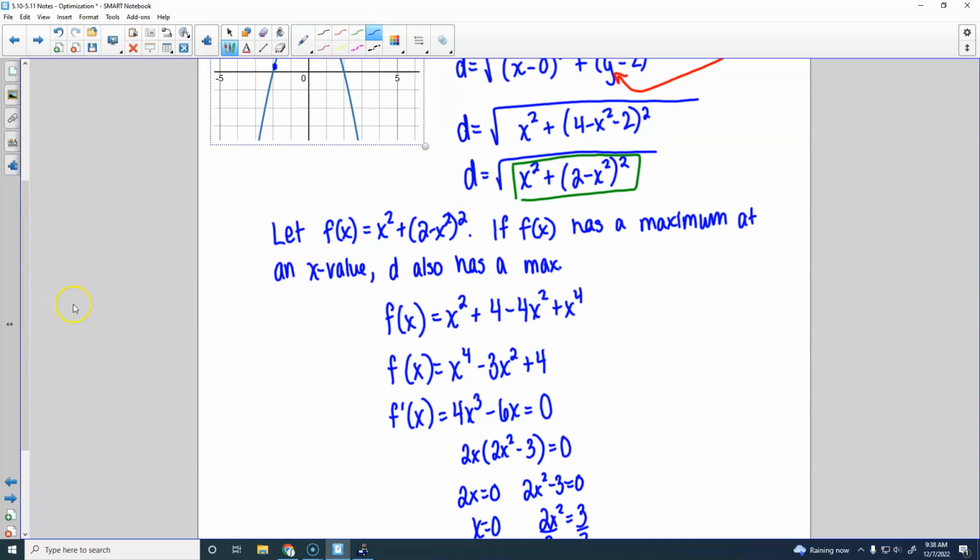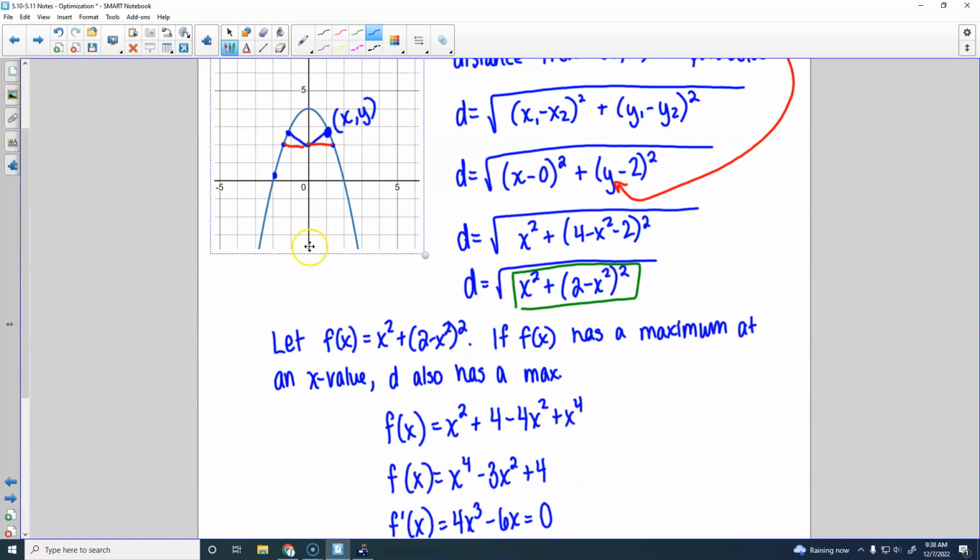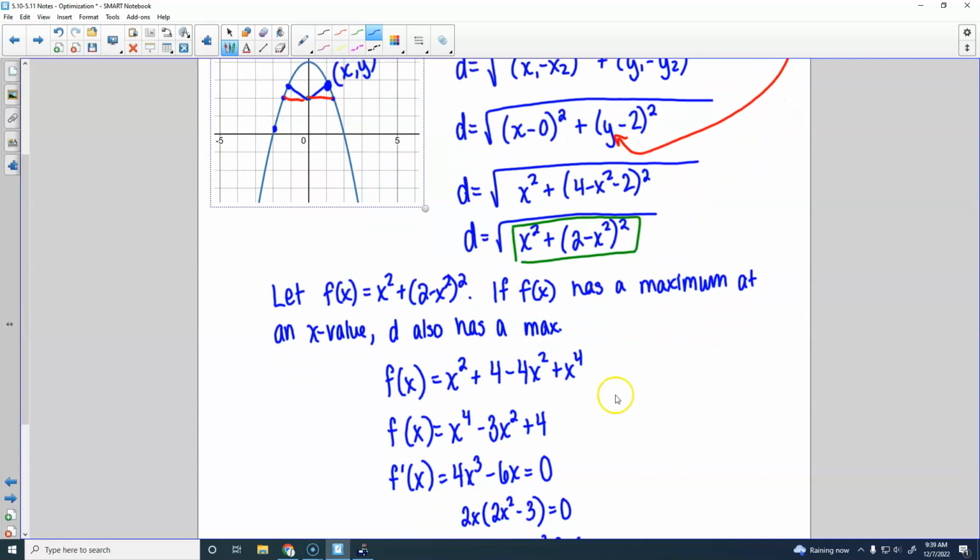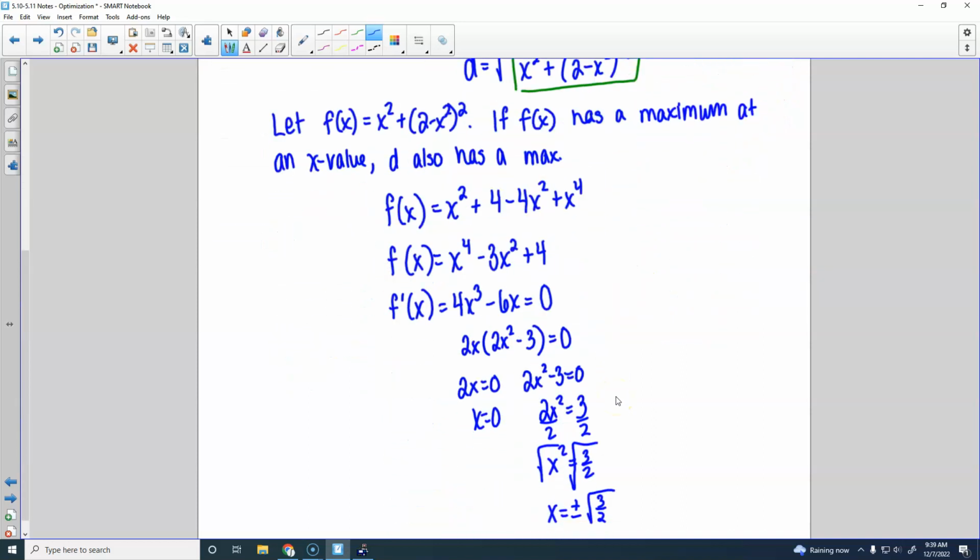For this particular problem, you know that the distance always needs to be positive. The distance formula ends up always being positive under the root anyway because you're squaring both pieces and then adding them together. So x values could be negative here, but you won't get a negative y for those.